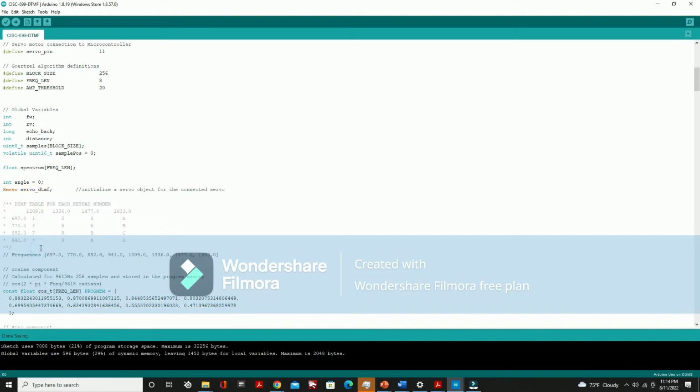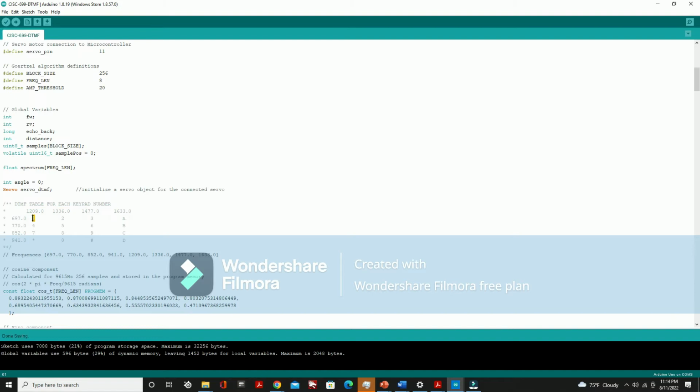This table explains the concept of dual tone multi-frequency. Each keypad number on a mobile phone has a dual tone. This column refers to the lower frequency, and this row refers to the higher frequency of each keypad number.